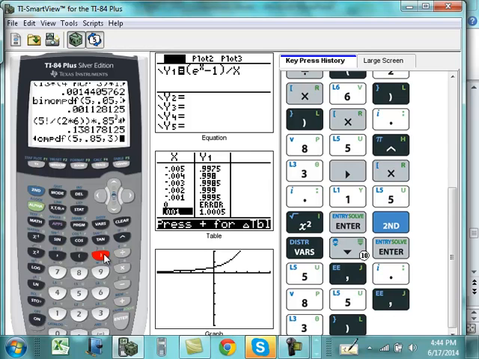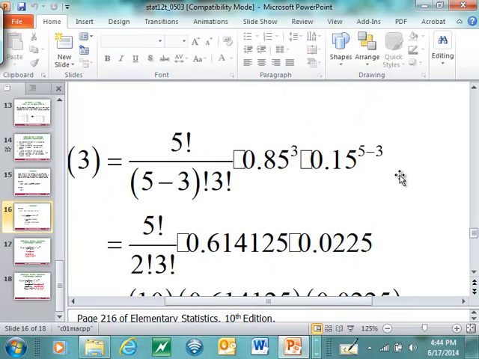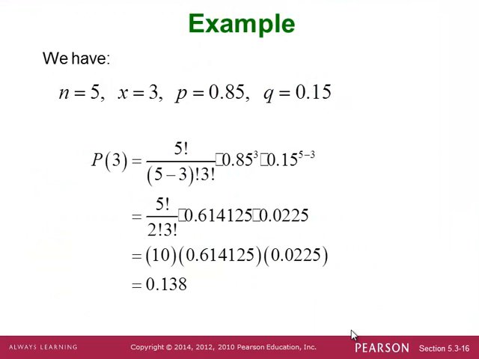Close parentheses, enter, and voila, you get the same number. I recommend that you become familiar with the binomial PDF command. That'll make your life pretty easy, or at least a lot easier compared to computing from the formula like you see here. Okay, so there's your computation of binomial probability.